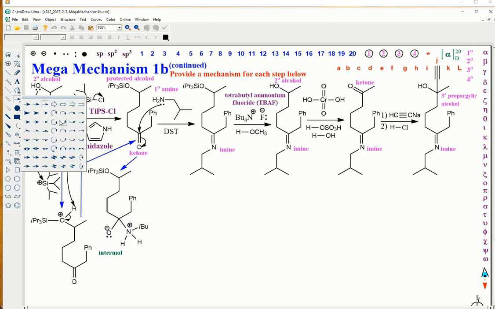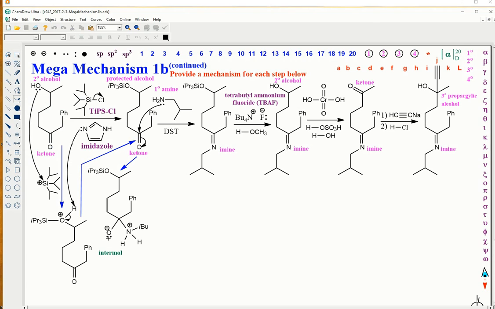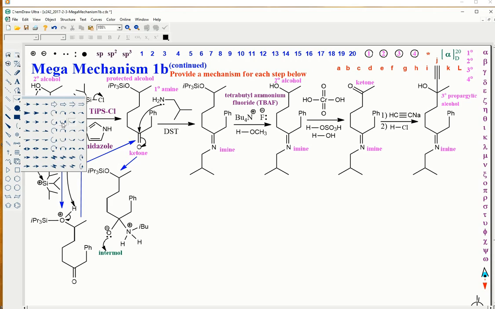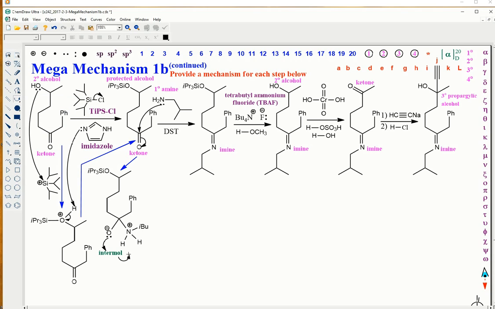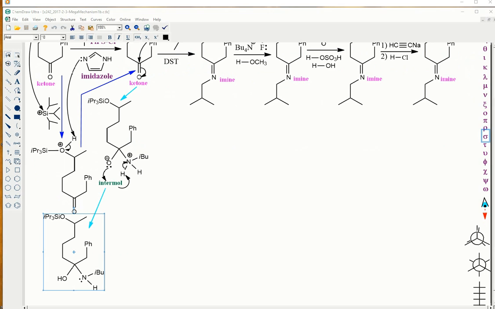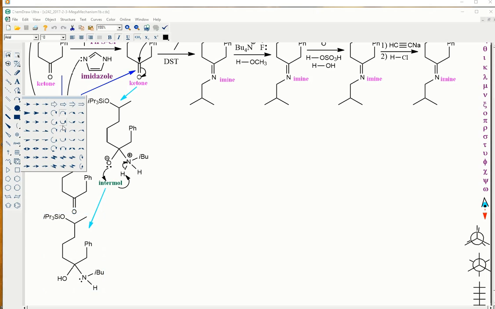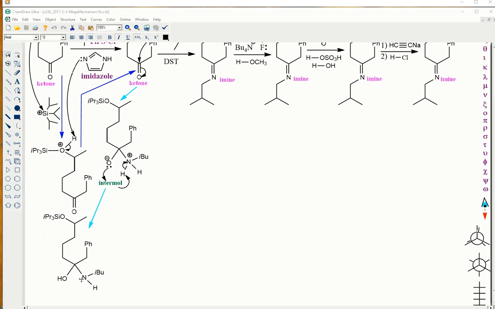Intramolecularly they cannot reach, because the ring size would have been 4 if they tried to grab each other in one step. So intermolecular means the O- grabs the H from a second identical molecule, thus generating this intermediate, which we call an aminol. It's got an amine and an alcohol. Nitrogen's got its lone pair back.